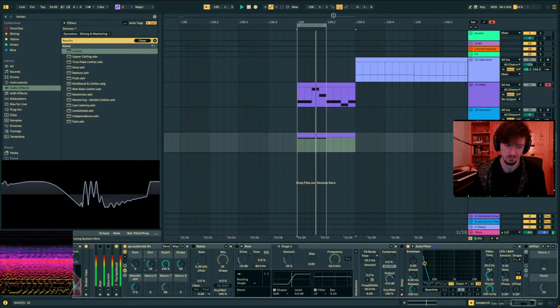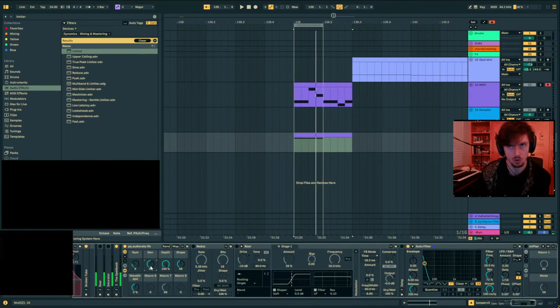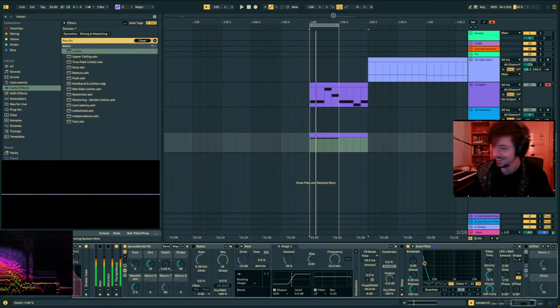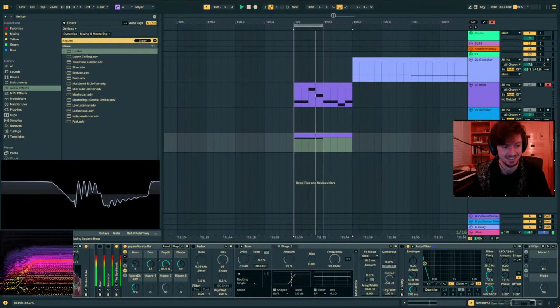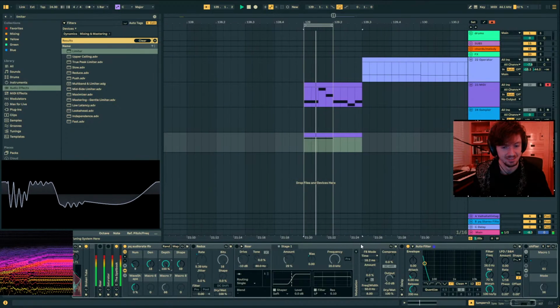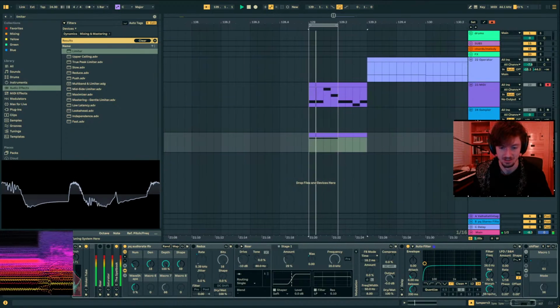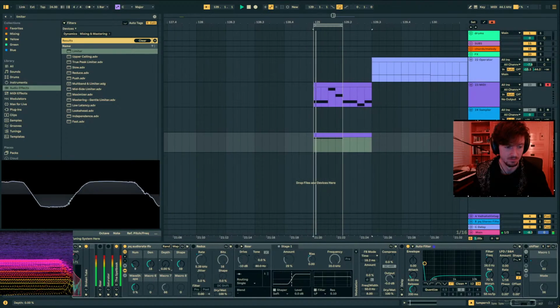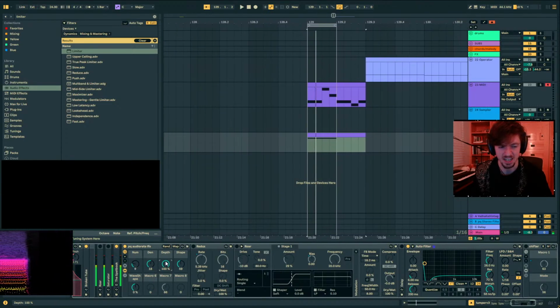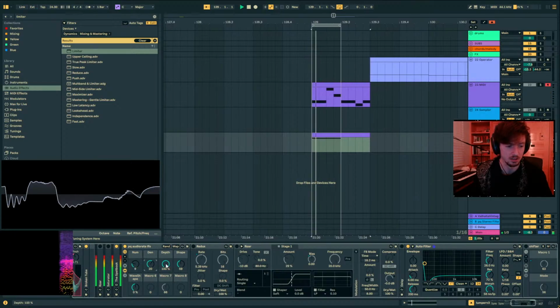Yeah, I think it's best for infrasonic stuff. Yeah, the transition in and out of square, that's sick. Sounds very nasally. It's like a pig.